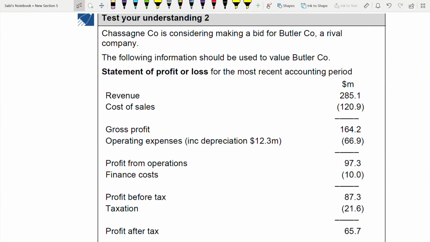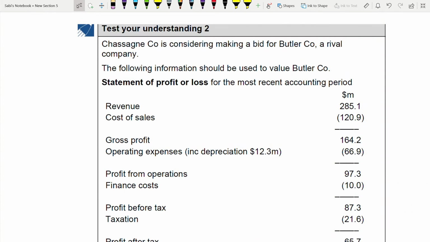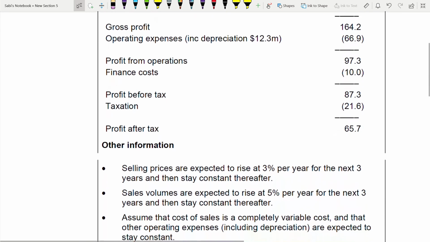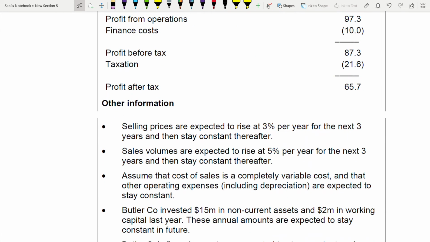You have been given a company that is considering making a bid for a rival company. This is more like an acquisition question, but we are more focused on the free cash flow technique. You have been given the statement of profit and loss, and the selling price is expected to rise 3% per year for the next 3 years and then stay constant thereafter.